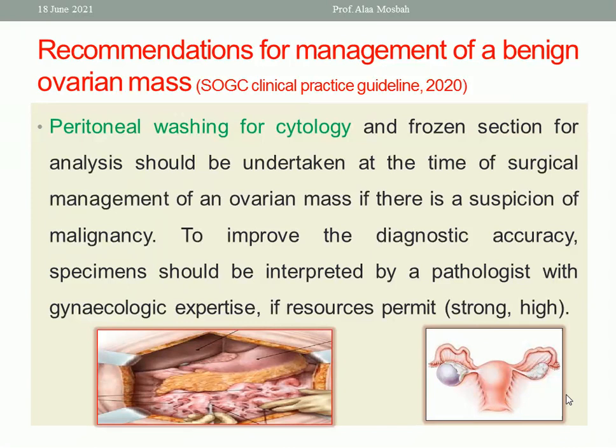You are going to do a staging laparotomy: inspect the pelvis, abdomen, pelvic organs, omentum, intestine, diaphragm, lower surface of the diaphragm, liver, spleen, any lymph node enlargement, do peritoneal wash and send for cytology, and take a biopsy from the mass for frozen section. So it is very important to be ready to do this staging laparotomy, with all the details I have just said.